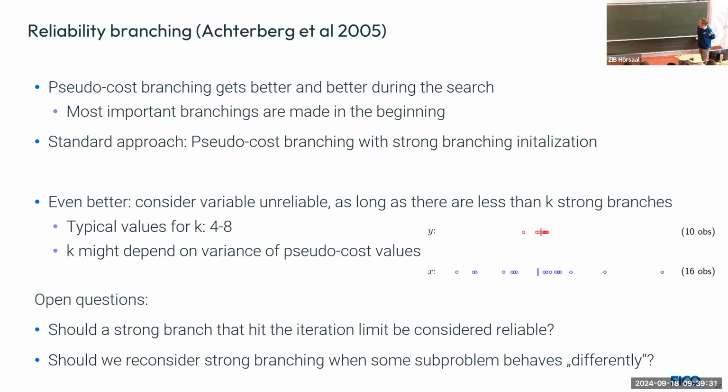And yeah, some more open questions around pseudo-cost and strong branching. Should a strong branching that hit the iteration limit be considered reliable or not? I would like to know a good answer to this. And should we reconsider strong branching when some subproblems behave differently? That's very vaguely formulated.